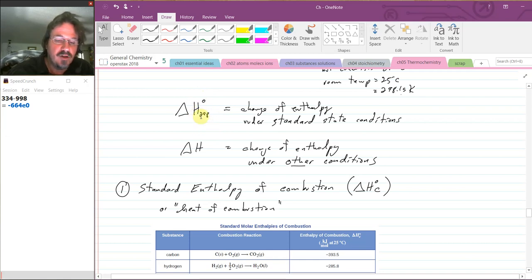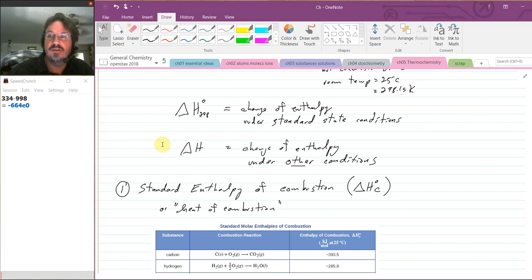So delta H naught 298 simply means the heat released or absorbed for that chemical reaction when you're at the standard state: 1 bar, 1 molar, and room temperature. If they don't put that on, so just delta H, that's the change in heat when you're at any old condition.